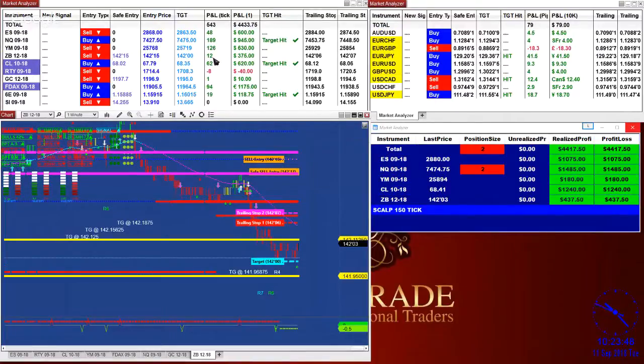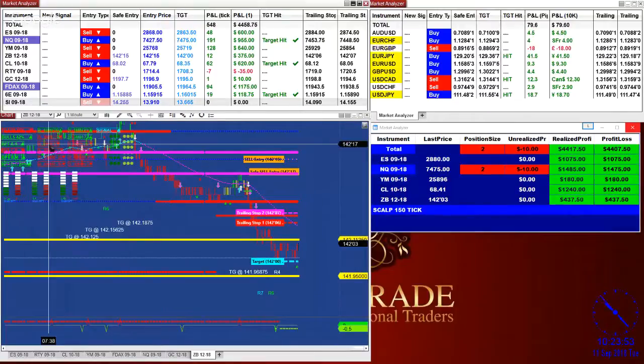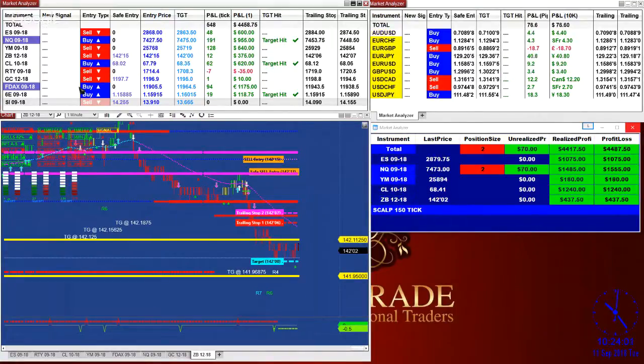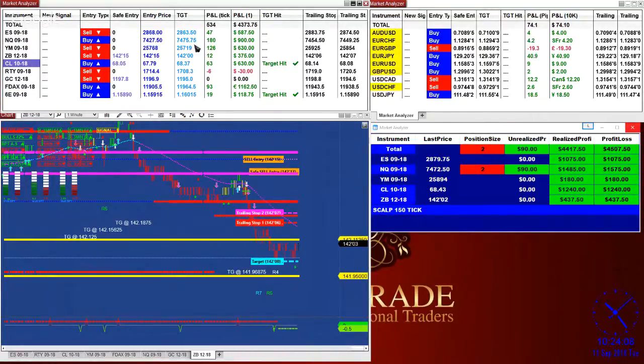For the ones who just joined us today, this is the first time. What we are doing, we are sharing our signal. You're very welcome to copy the signals. The entry signal will be on the first column, and then the direction, and then the entry, the target.